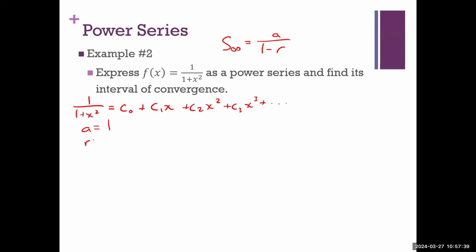What's my common ratio? Is it negative x squared? You have 1 plus x squared. Oh, it should be negative x squared. Why is it negative x squared, not positive x squared? Right, 1 minus r, and I have a 1 plus x squared, so 1 minus negative x squared. So from there, does that help us write this as a power series?